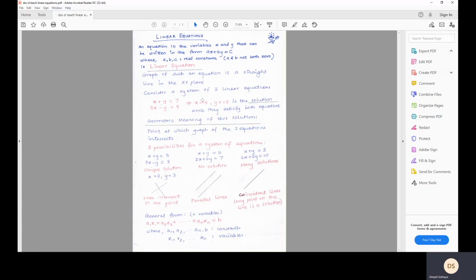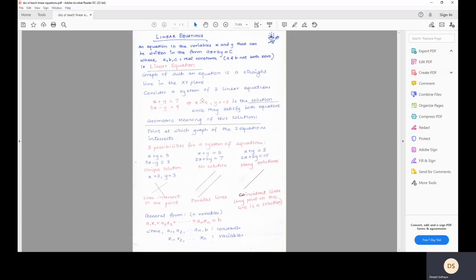So try to think about the solutions in each of these cases. Obviously, when it is intersecting at a single point, it will lead to a unique solution. When there are no points in common, there will be no solution. And when the intersection is a line or an entire plane, there would be many solutions.